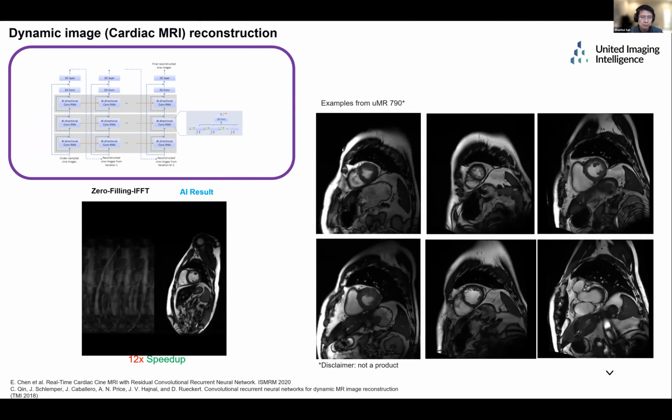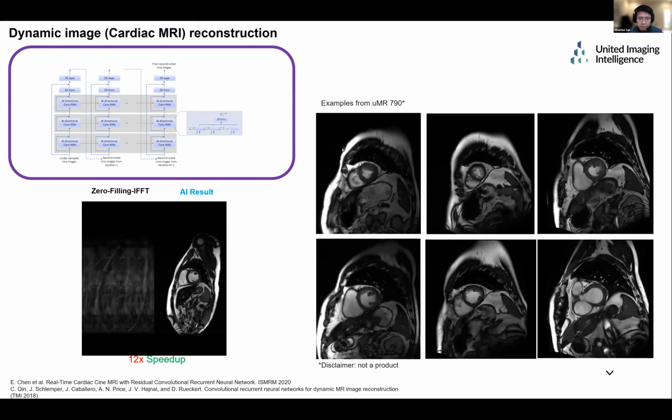Looking at the results on the left bottom side, the first one is a direct inverse Fourier transform. We are not able to see the structure from that reconstruction, but if we apply the AI, we can easily recover the results from the aliasing-artifact-impacted data. We deployed the sequence and the reconstruction algorithm into our MR scanner.